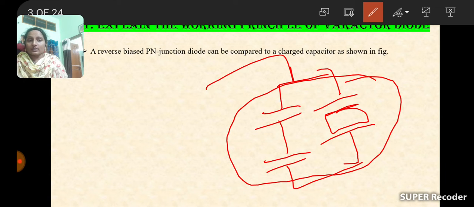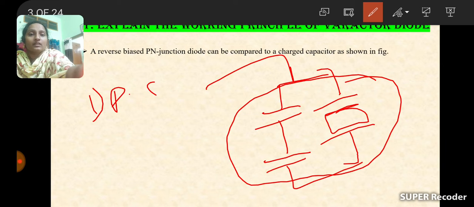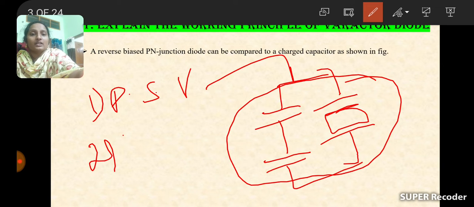One more topic we discussed in our last class: what are the reasons for the instability of oscillations? First one is power supply variations, and second one is temperature variations.